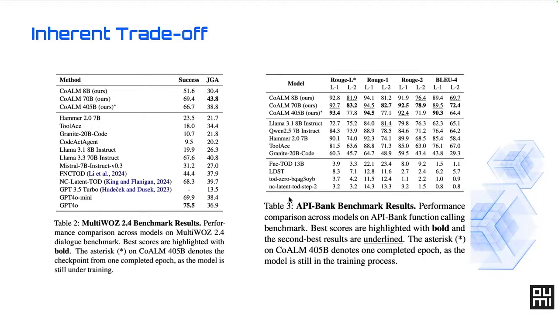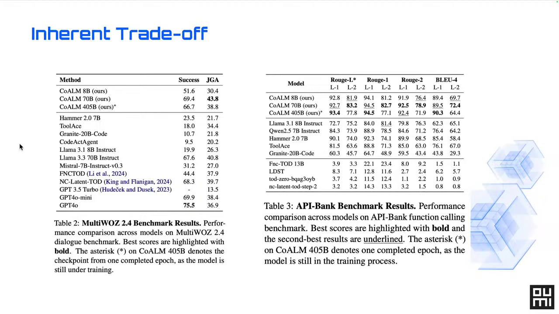So on the API bank, it's performing much higher than these ones that were just fine-tuned for task-oriented dialogue or multi-turn dialogue, outperforming these base models like Llama 3.1 and Qwen 2.5 of a similar size.